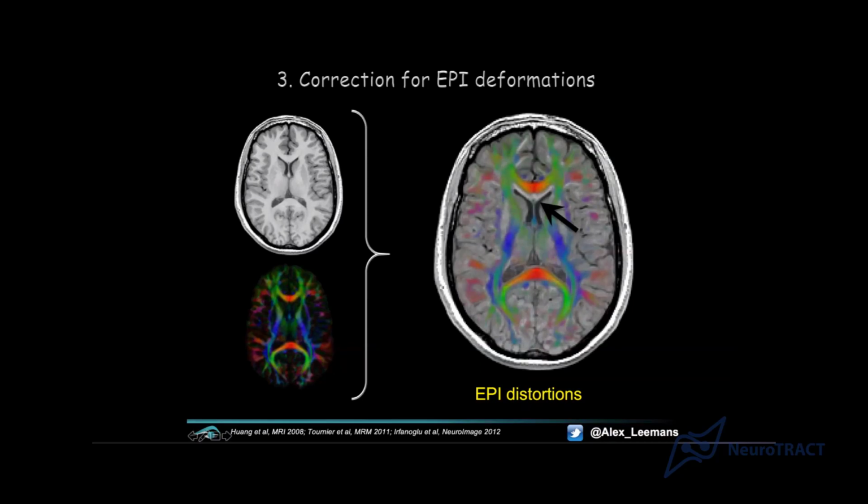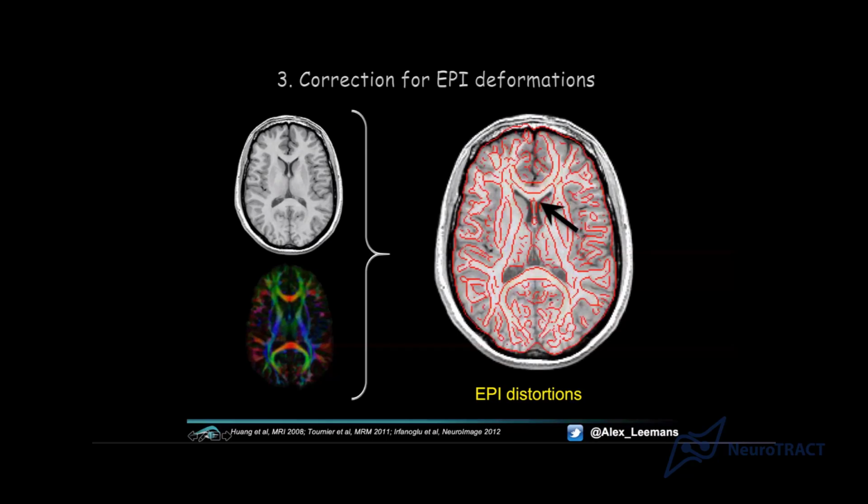And as you can see, the data does not really match perfectly, because this red part on the colored part, this is part of the corpus callosum, the genu. As you can see, it's not really nicely overlaid on the T1 corpus callosum.